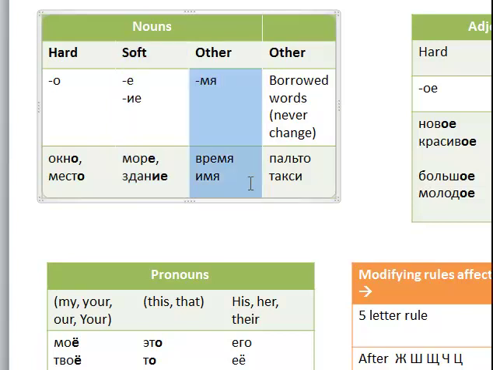It's мя, for example, время, имя. This group of nouns is very small, but they have a very specific way to be changed in different cases. Please remember them. Neuter also has some words that are borrowed. For example, пальто, такси. These words never change. They always stay in this default nominative form.